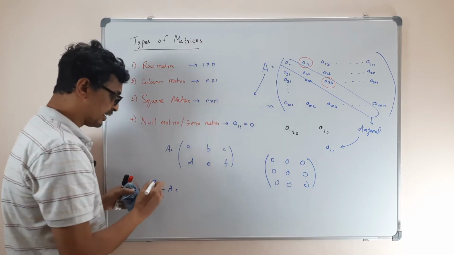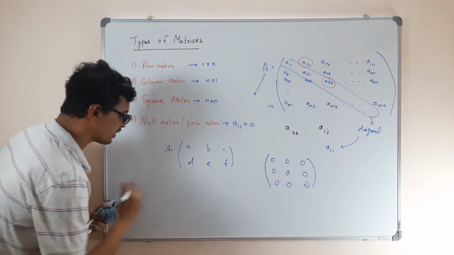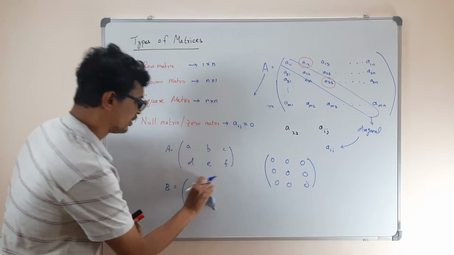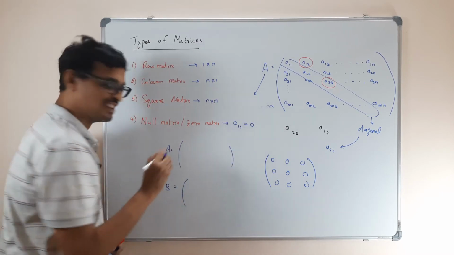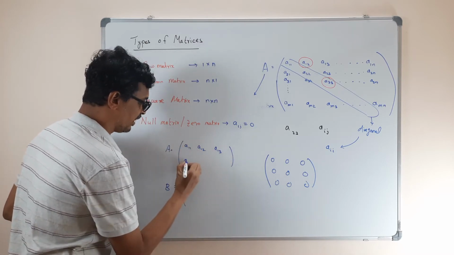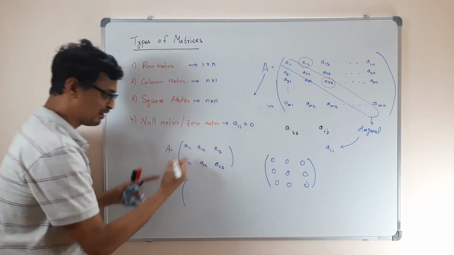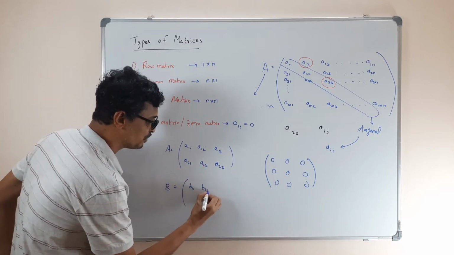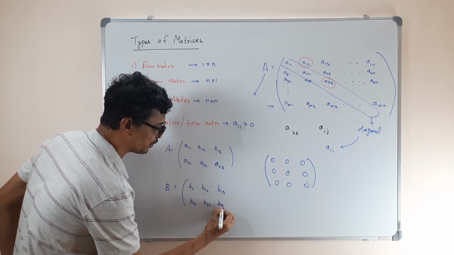When we define addition and subtraction, suppose I have another matrix, let me call it X. This will be A11, A12, A13, A21, A22, A23. This form is easier for us to write. Then B11, B12, B13, B21, B22, B23.